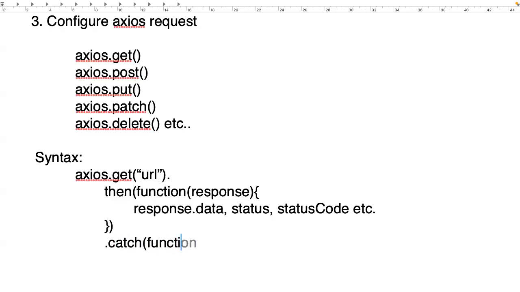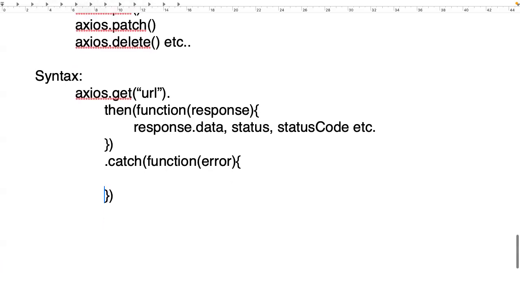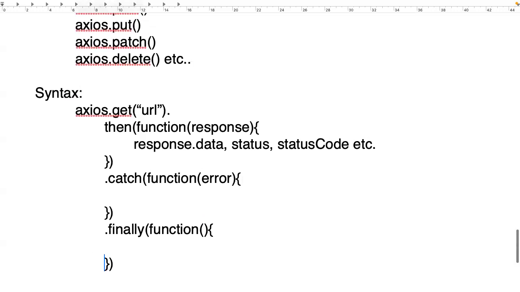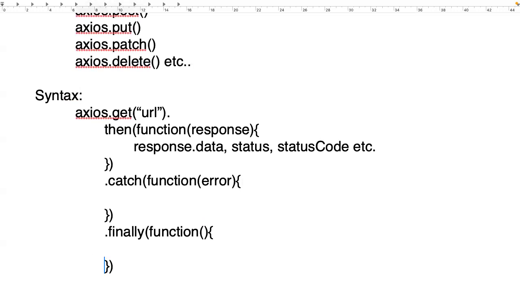The catch function will catch the error if there is an error, and finally executes always. These are all promise based methods. Every promise based method will have a then, catch, and finally.